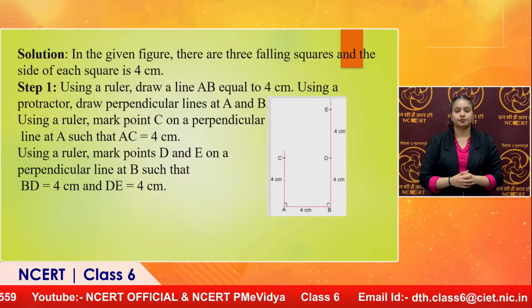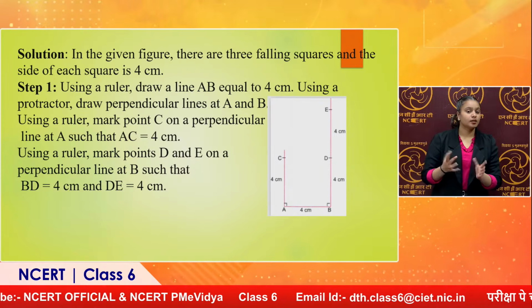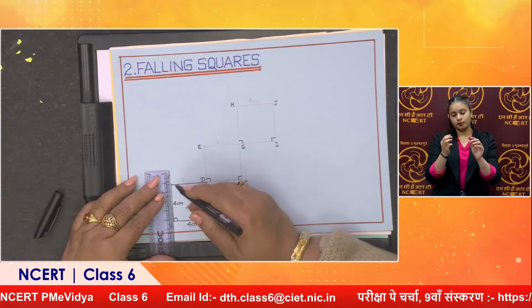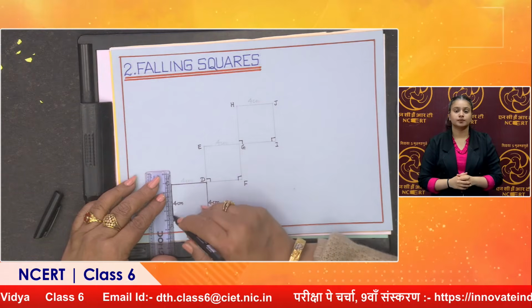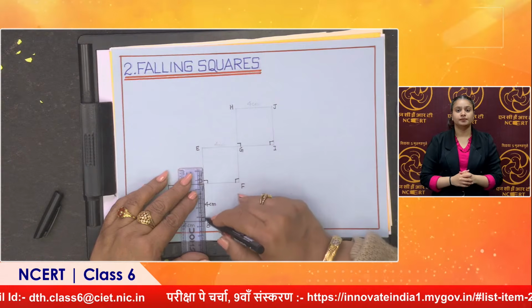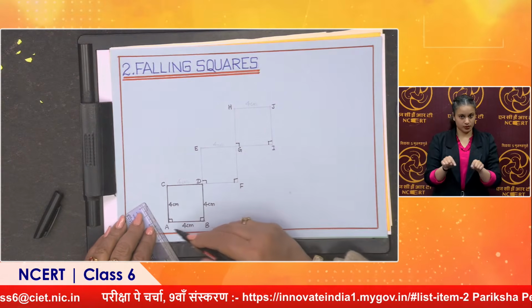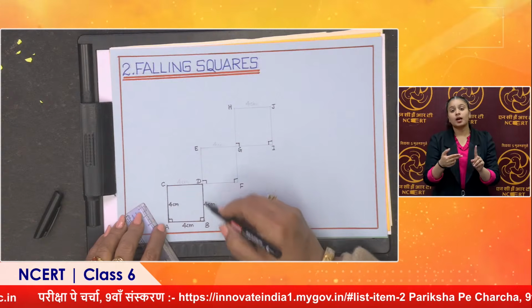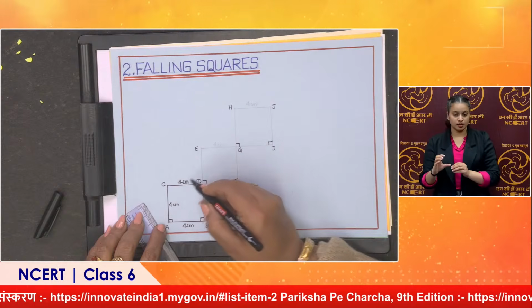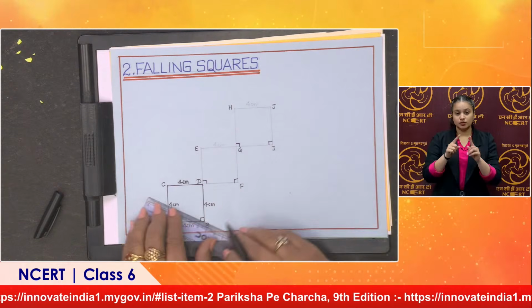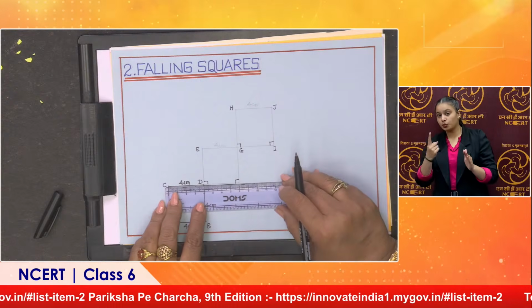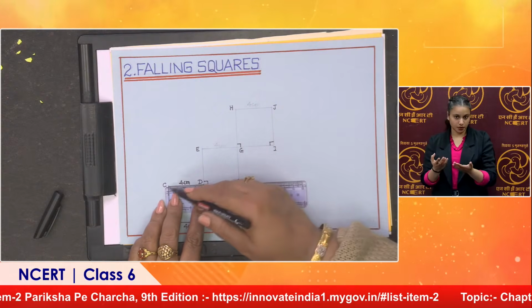I am constructing, to begin with, a square of side 4 centimeters. So, this is a square of 4 centimeters. Let me name it as ABDC. Alright. Now, because it has to look like a falling square, I require one more square beside this length CD.